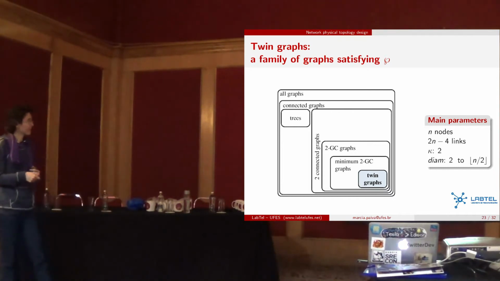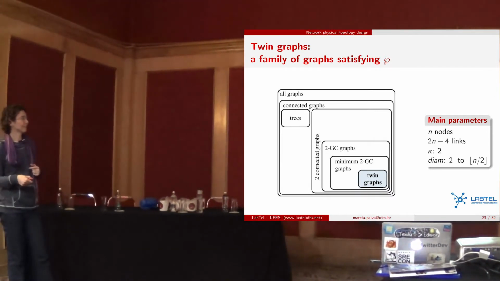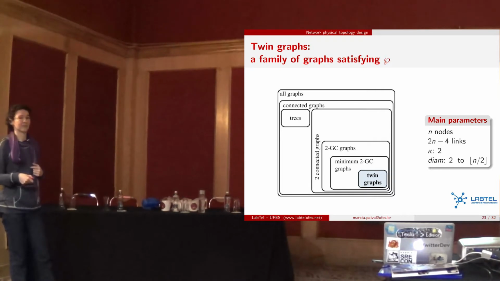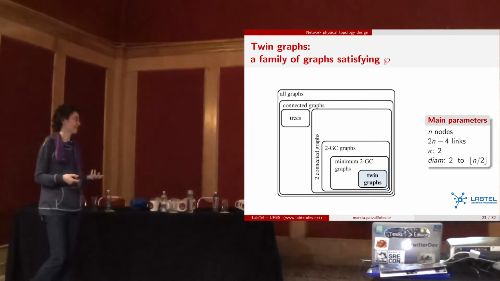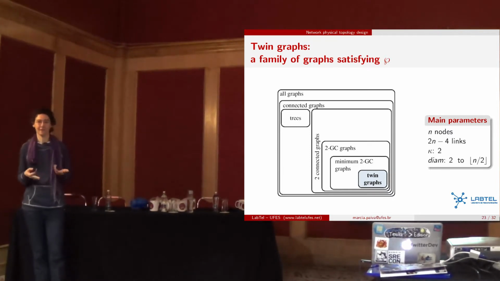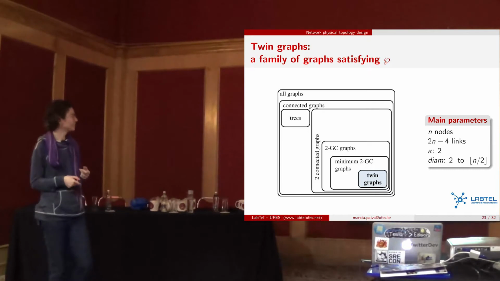So here we have all graphs, then all the connected graphs. Apart from the trees, we have the two connected graphs. Inside the two connected, we have the two geodetically connected graphs. That is the graphs which have these two shortest paths connecting every pair of nodes.